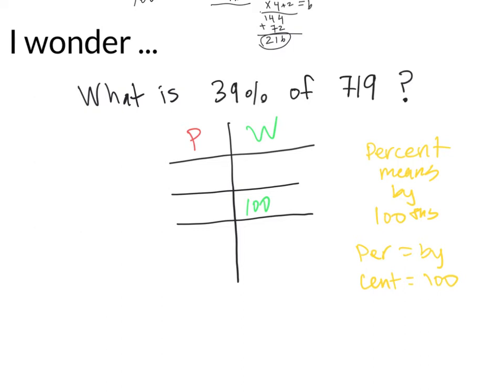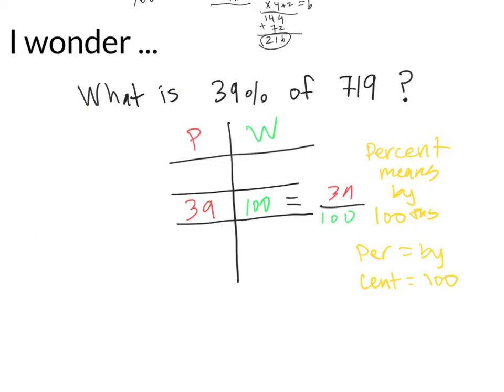So we know our whole because we know we're dealing with percentages, and it says it here. And so we can now plug the part in. Again, this is equal in this ratio table to 39 over 100, which of course, as we just looked at, is 39%, 39 hundredths.